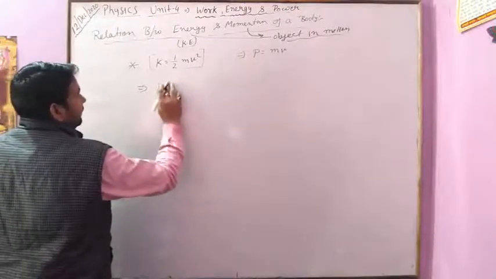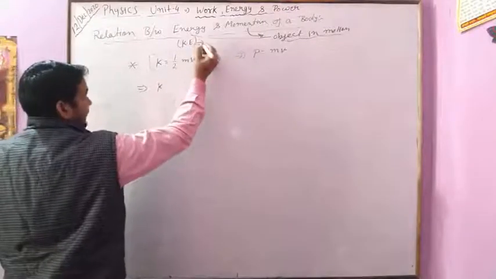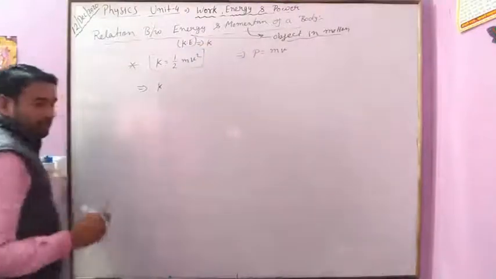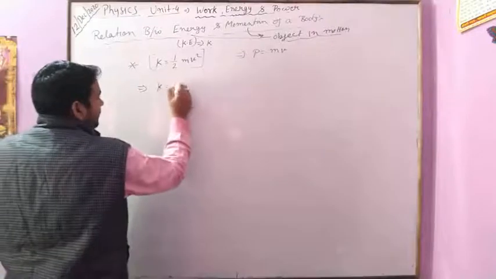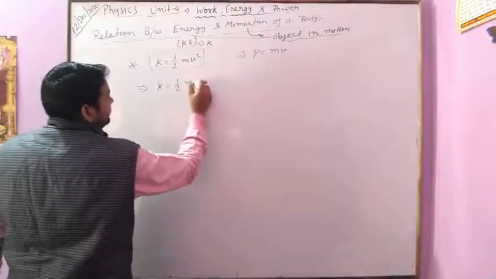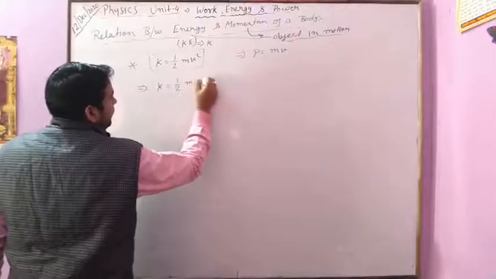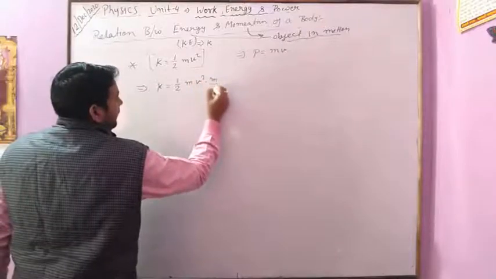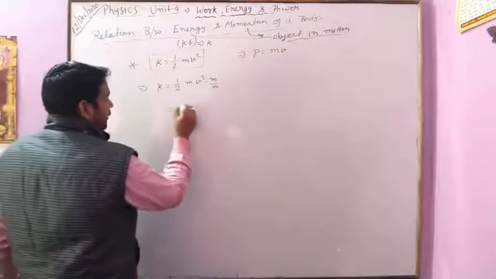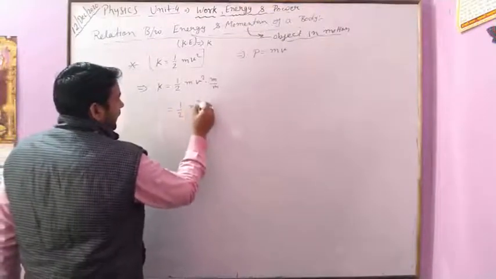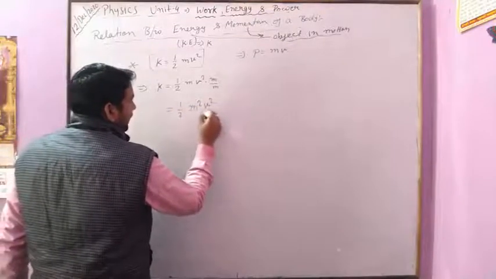Kinetic energy. For kinetic energy we can use only the symbol K. When we take the kinetic energy, half m v square, and divide and multiply by m, we get half m square v square upon m.